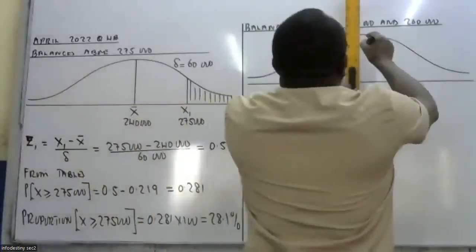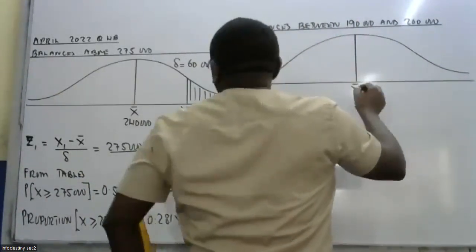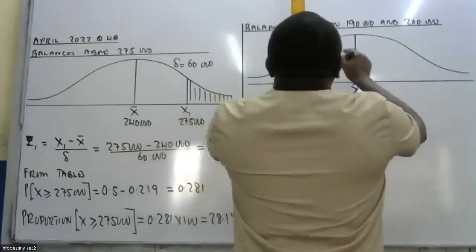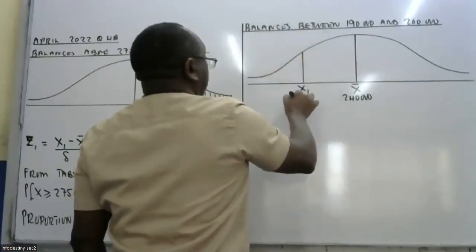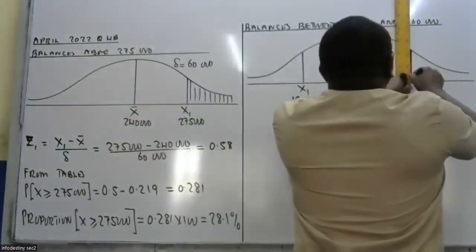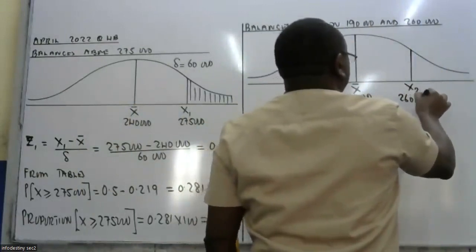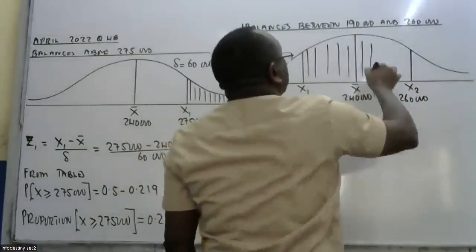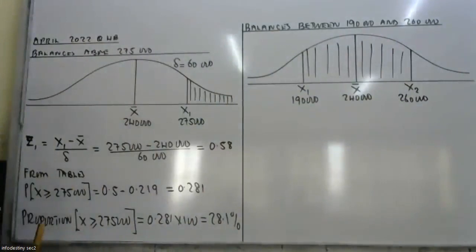So if this is our X bar here, that is 240,000. So 190 should be somewhere here, X1. X2 is 260. So this is our area of interest. That is our area of interest.